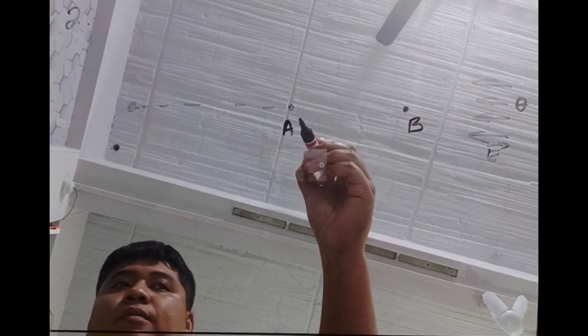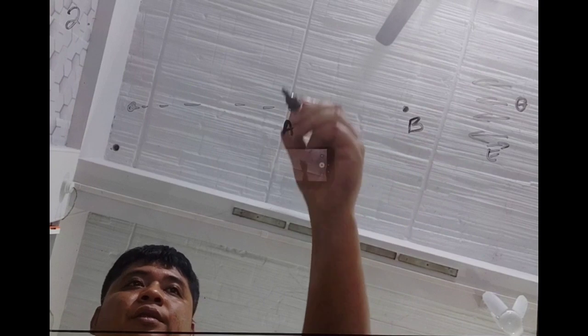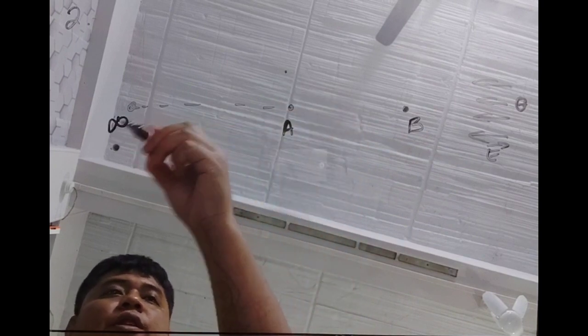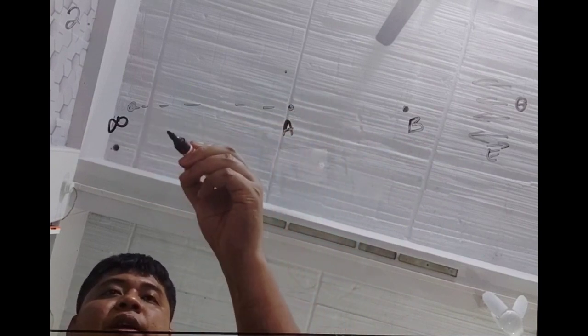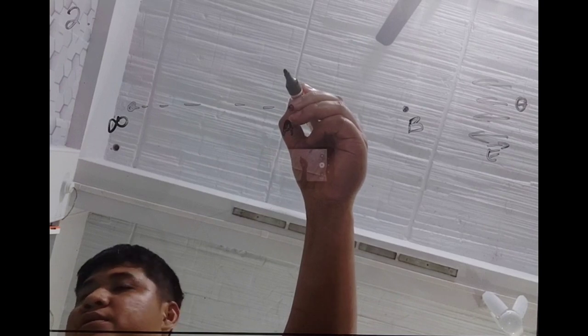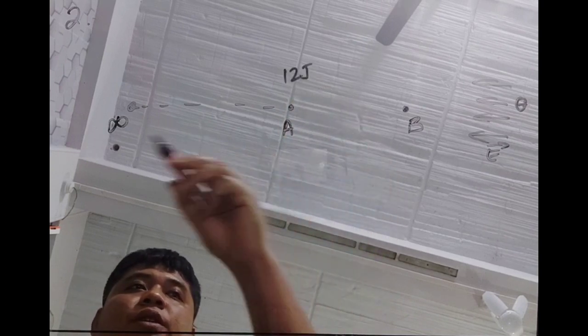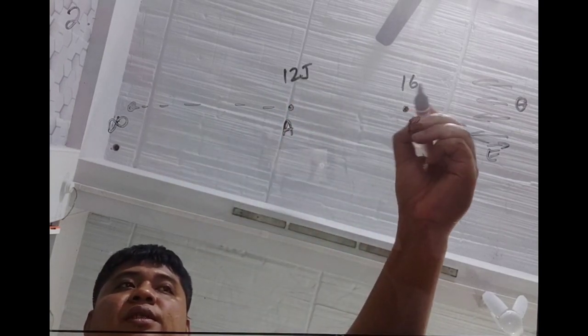In bringing the charge from infinity to point A is 12 joule, from infinity to point B is 16 joule.